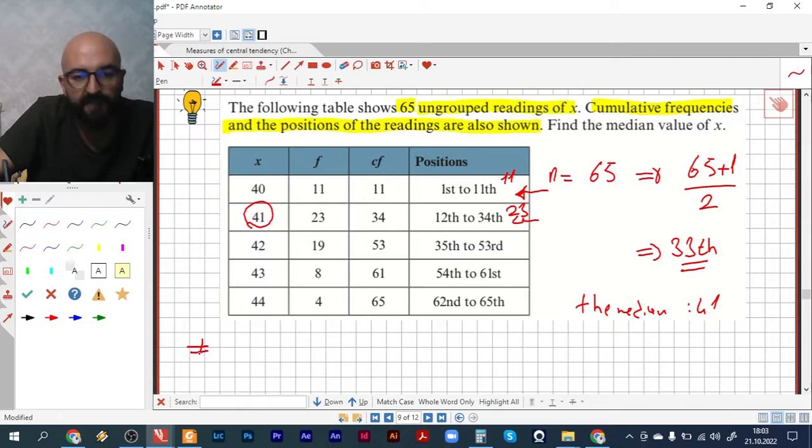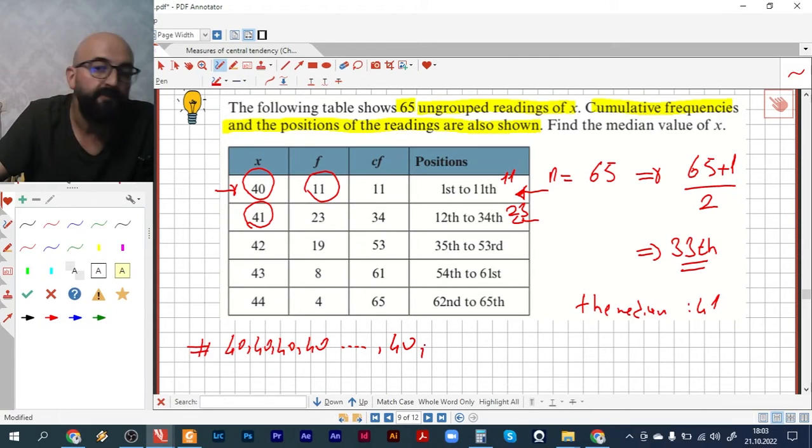Please imagine that, for example, for the first row, we have 11 times 40 values: 40, 40, 40, 40, and 40. We have 11 40s.